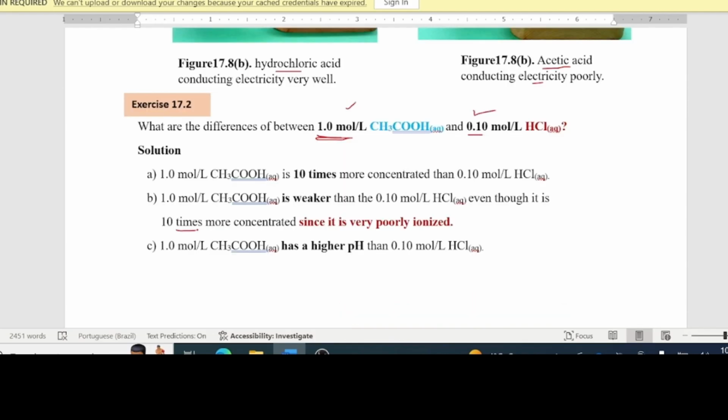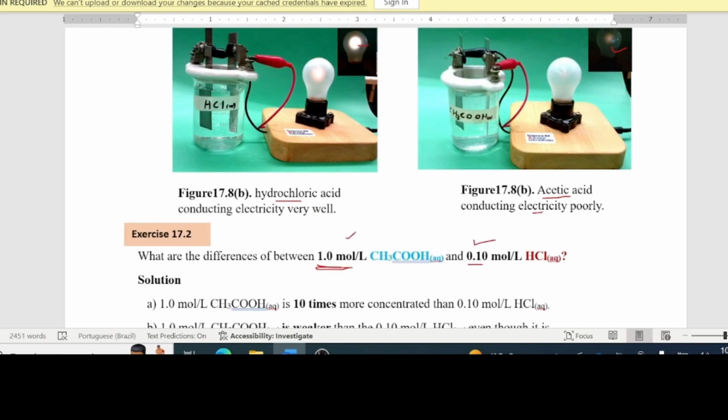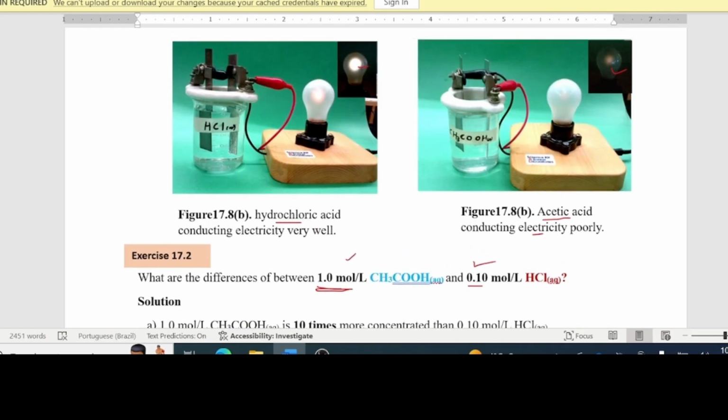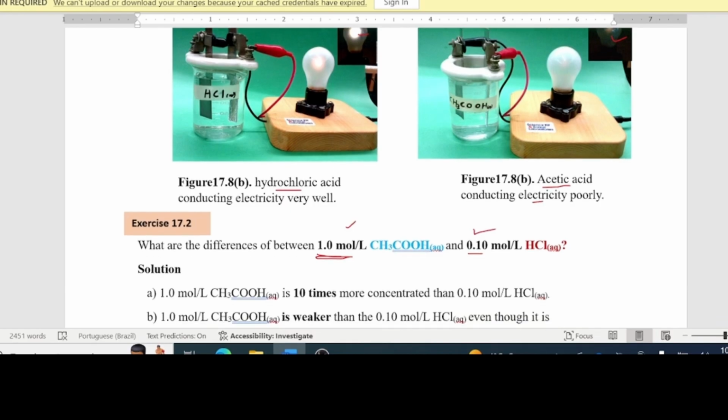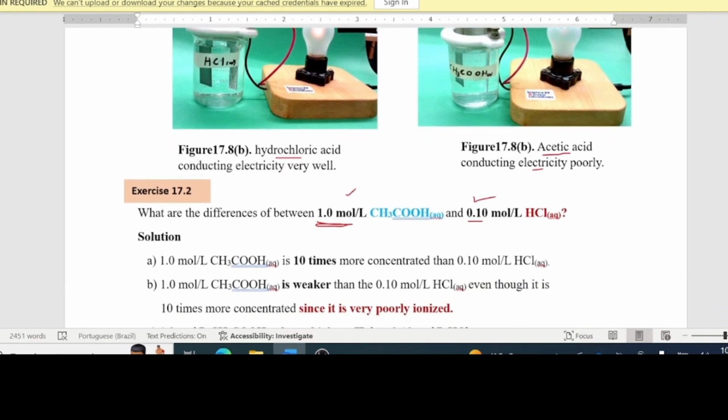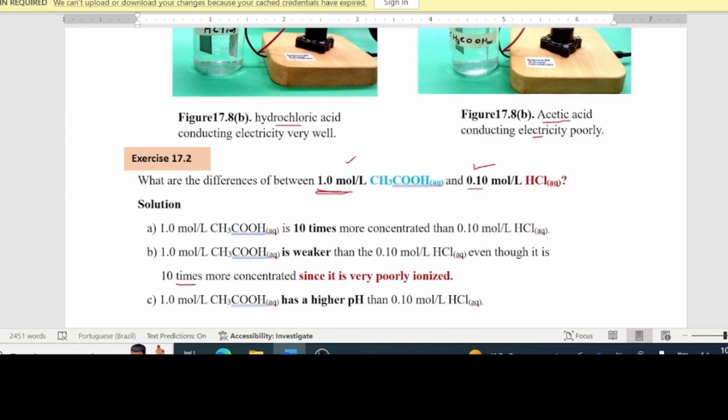And if we put a pH meter into both of them, pH is a measure of the H plus ion concentration in a solution, we're going to find you have a higher H plus concentration here and a lower pH. The higher the H plus concentration, I'll do that later on, the lower is the pH. Hydrochloric acid at all times will have a lower pH than a weak acid such as acetic acid. So these are the three differences that you have there.